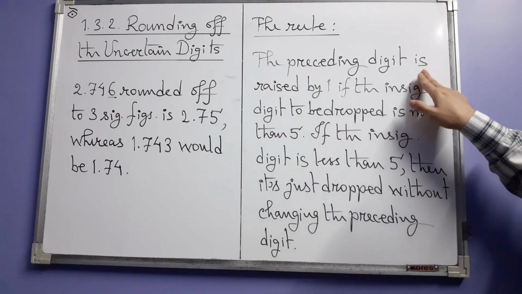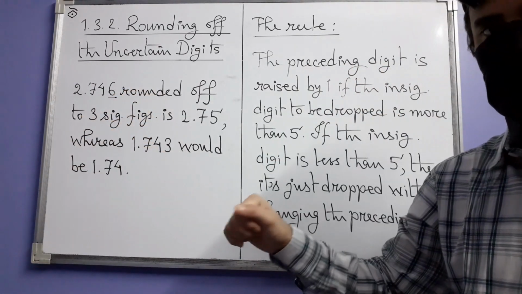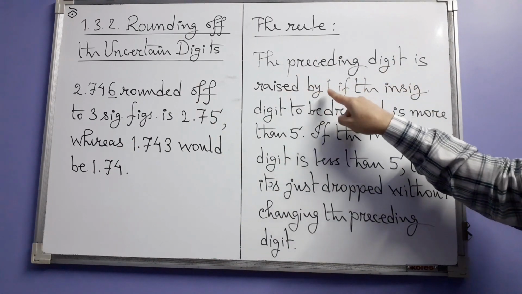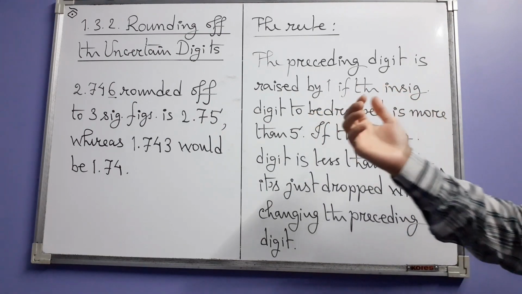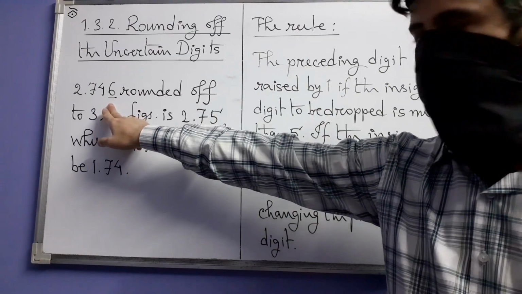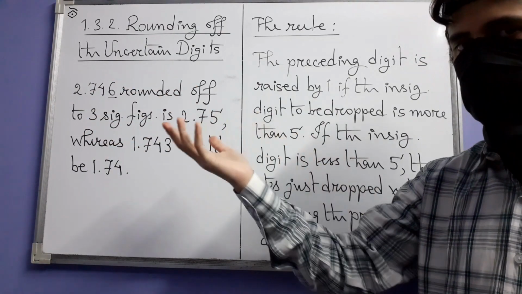The preceding digit means the digit that you are removing, the one before that. The preceding digit has to be raised by 1 if the insignificant figure to be dropped is more than 5. For example, here the insignificant figure is 6. That's why it has been underlined, that it's going to be dropped, it's going to be removed.